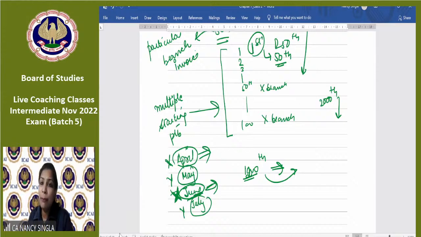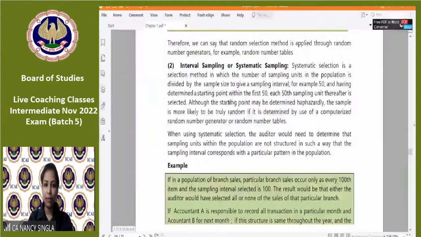Now, though the method is systematic, the auditor decided systematically that every alternate month I'll do the checking, but every alternate month only invoices prepared by X will come or only by Y will come. So the auditor needs to consider these points when he is applying what? Interval sampling. Clear?